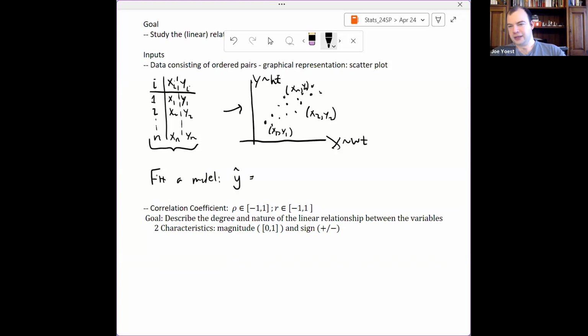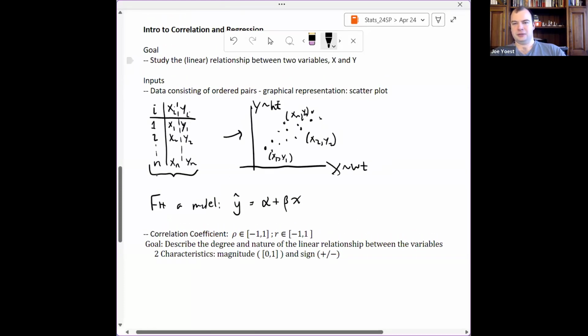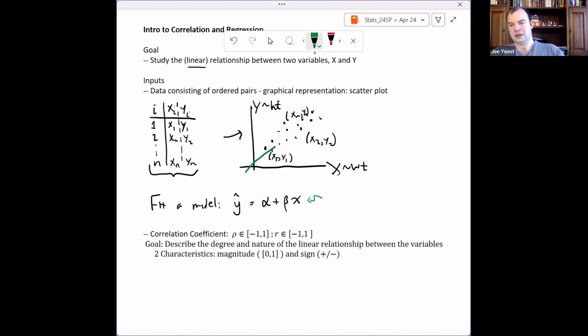We'll call it y hat equals alpha plus beta x, a linear model. We're studying the linear relationship between the two variables. This is a line in these two dimensions, and if I overlay this line on top of my data for a suitable choice of alpha and beta, maybe it looks like this.